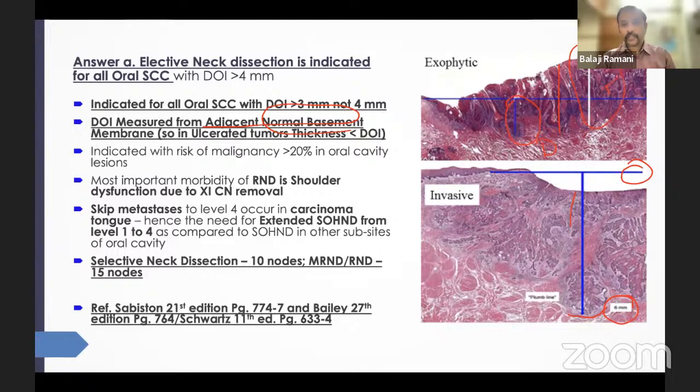So in exophytic tumors, the thickness is greater than the DOI. In your ulcerated tumors, thickness is less than the depth of infiltration. Do you understand this now?